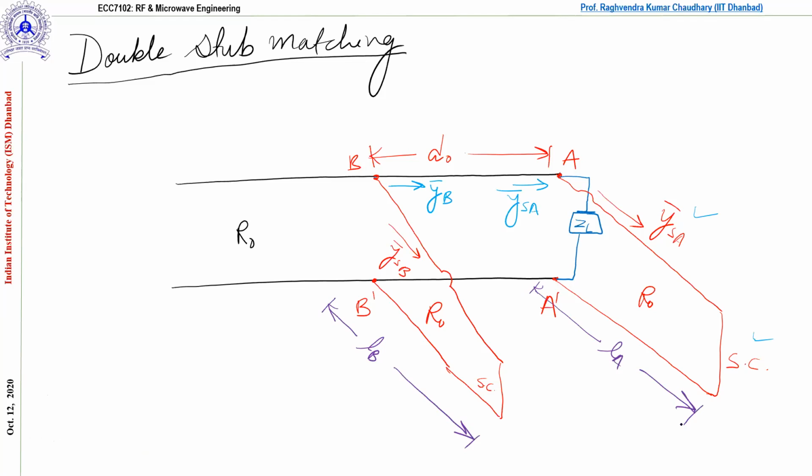Here you can see that this D naught is going to be fixed, and it could be chosen as lambda by 16, lambda by 8, 3 lambda by 16, 3 lambda by 8.